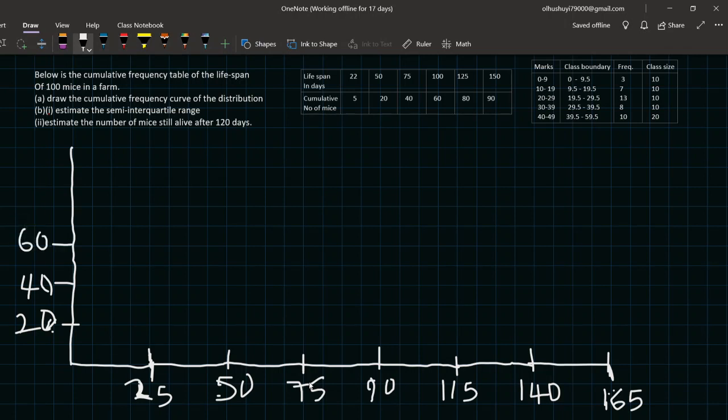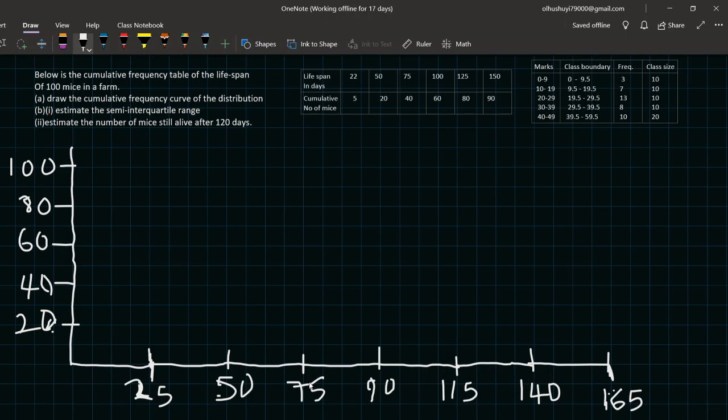This is 60. This is 80. So I have 100: 20, 40, 60, 80, 100. So I can pick my points from here. Now, the first question is draw the cumulative frequency curve distribution.